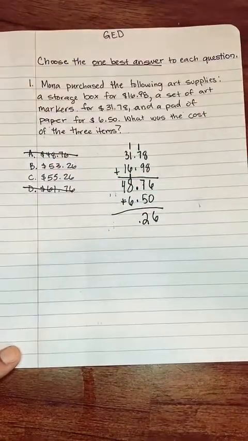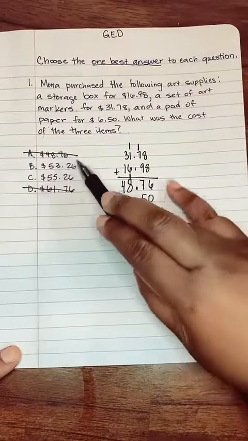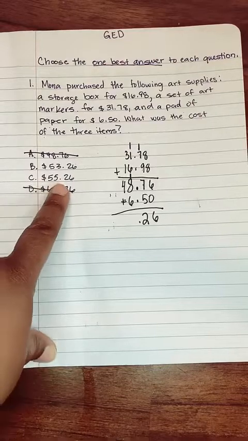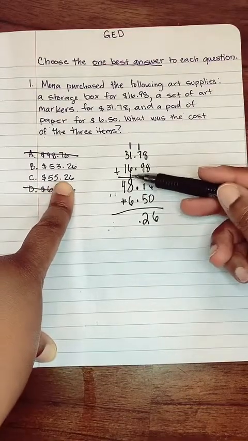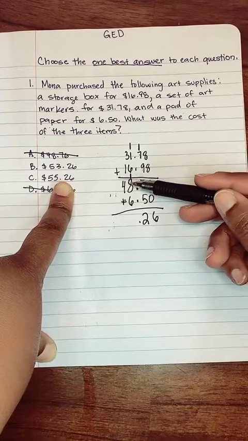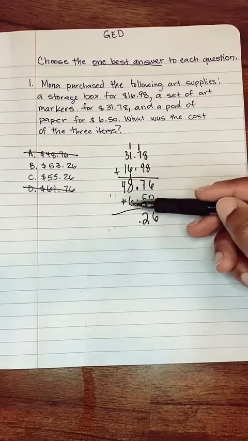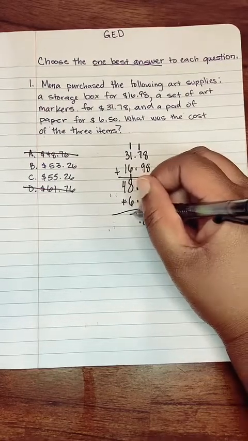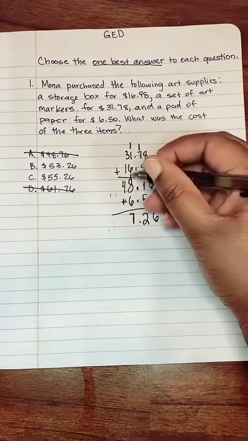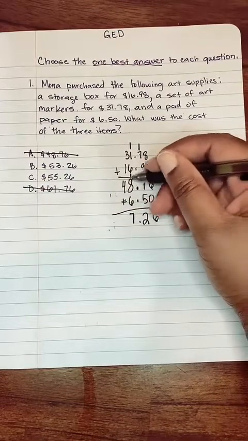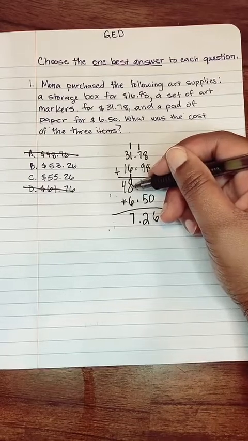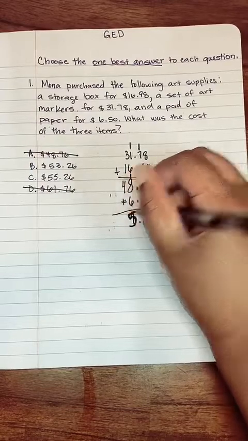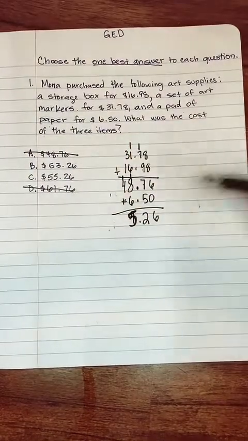Now let's do 8 plus 1 is 9. 9 plus 6 is what? Let me slow down. So 6, this is 7. 7 plus 8 is 15. So this will be 15. Carry the 1. So right now I could stop because I know this is a 5, so C is my answer. But 4 plus 1 is 5.